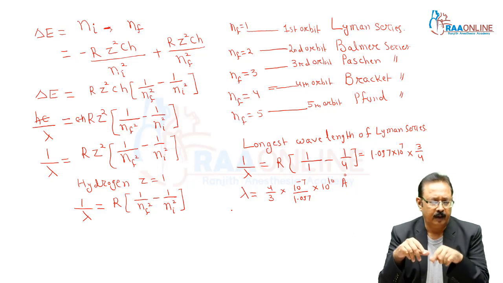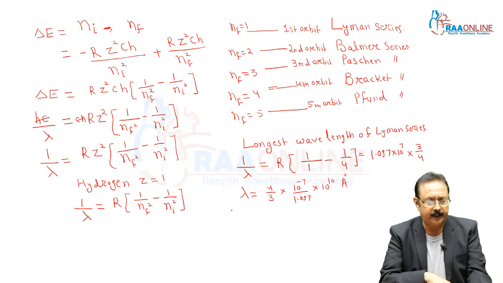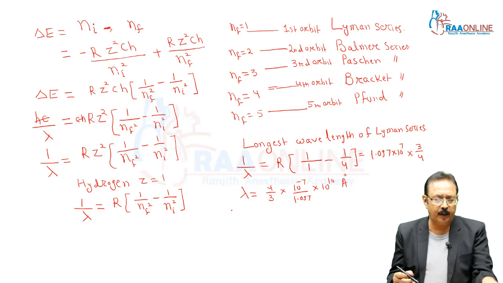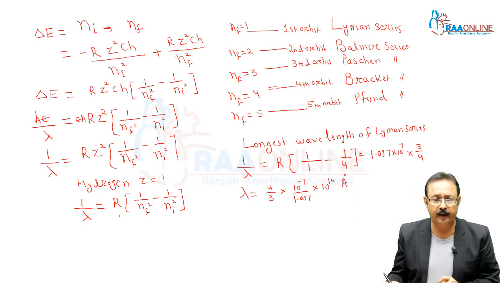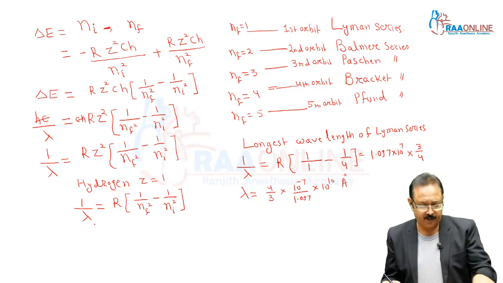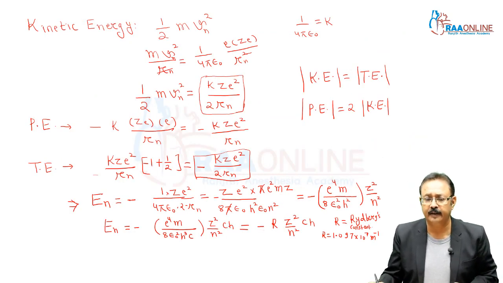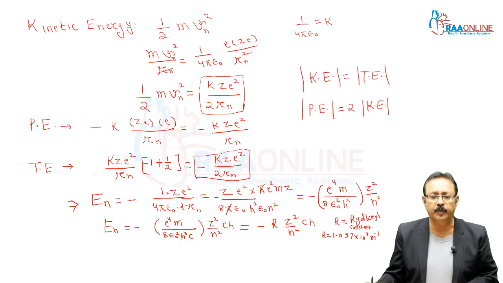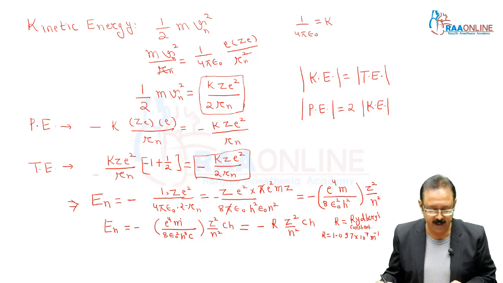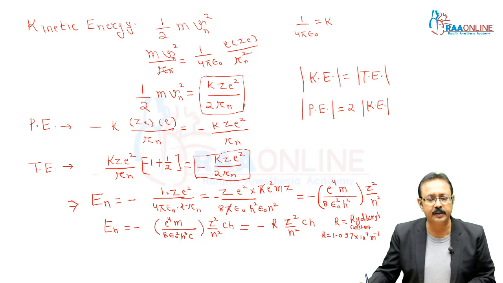One more important thing: if we want to calculate the value of En, we just solved the energy, En is equal to this, all are constant. If we talk about the hydrogen atom, Z becomes 1.